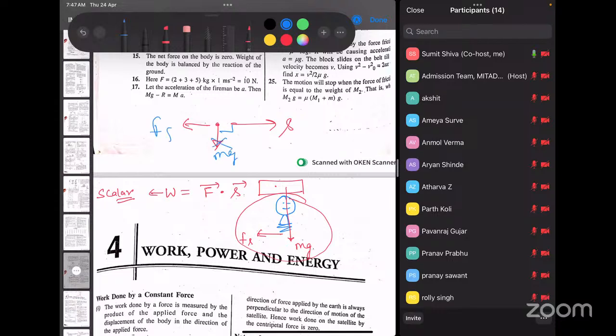But due to this force fs, there will be certain work done, because this is 180 degrees. And in this case, it will be fs cos 180. Cos 180 is -1, so this will be minus f into s, which implies that the coolie has to do some work against the friction force, otherwise he cannot move. Are you getting it?